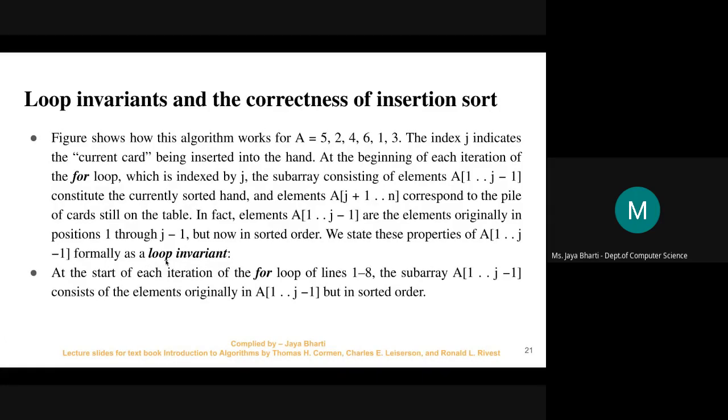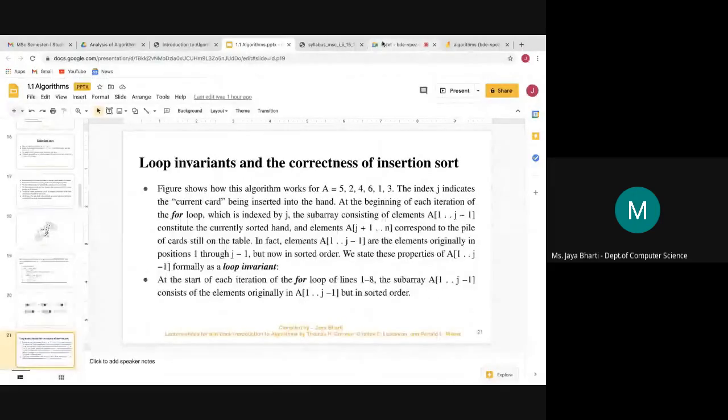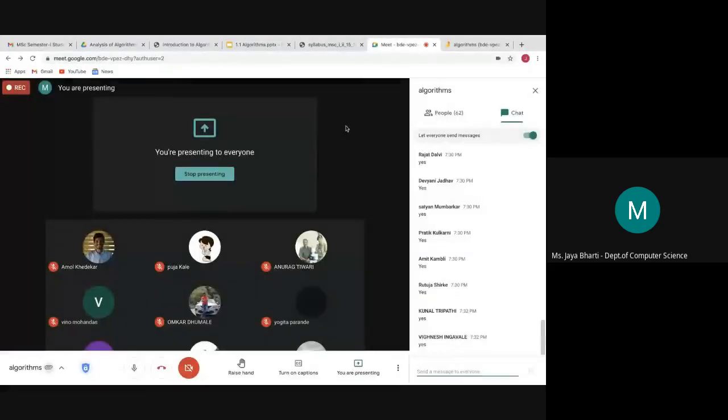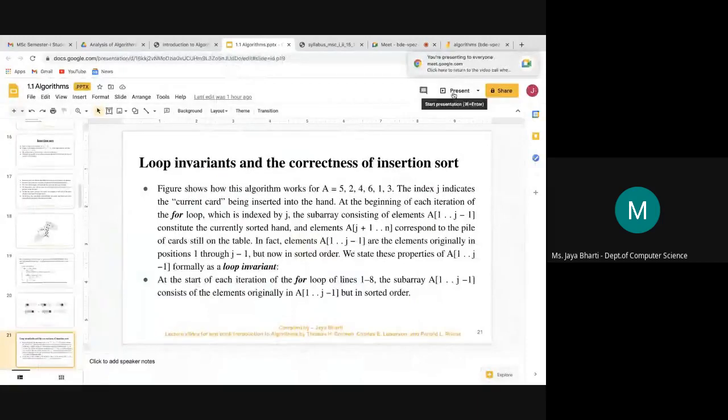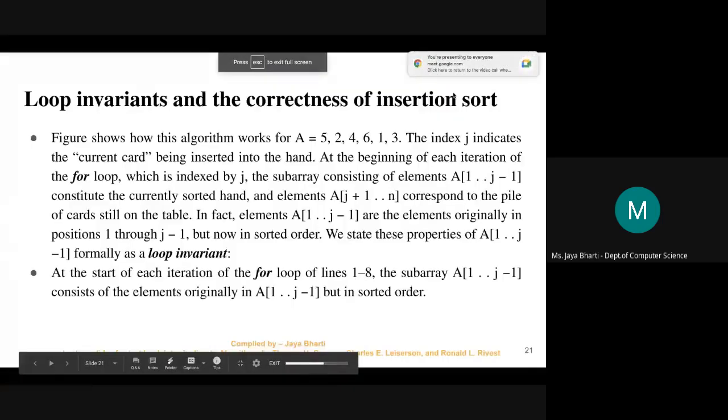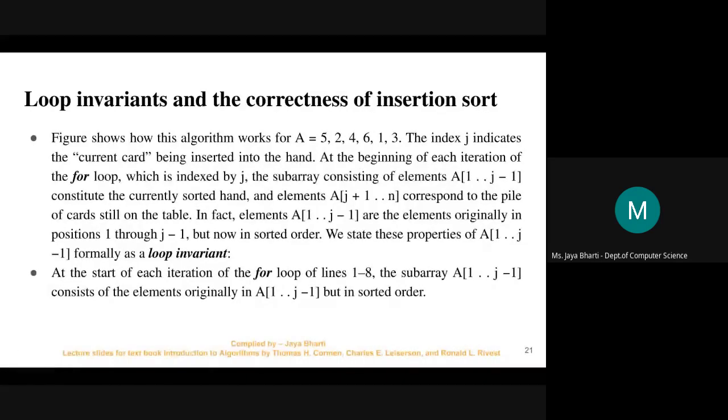So the sorted one, 1 to j minus 1, will be known as the loop invariant.